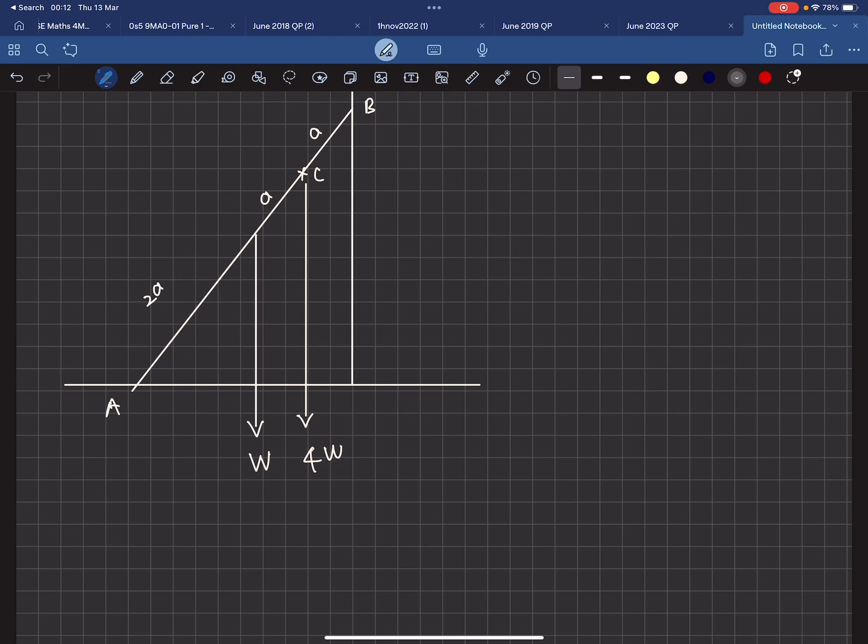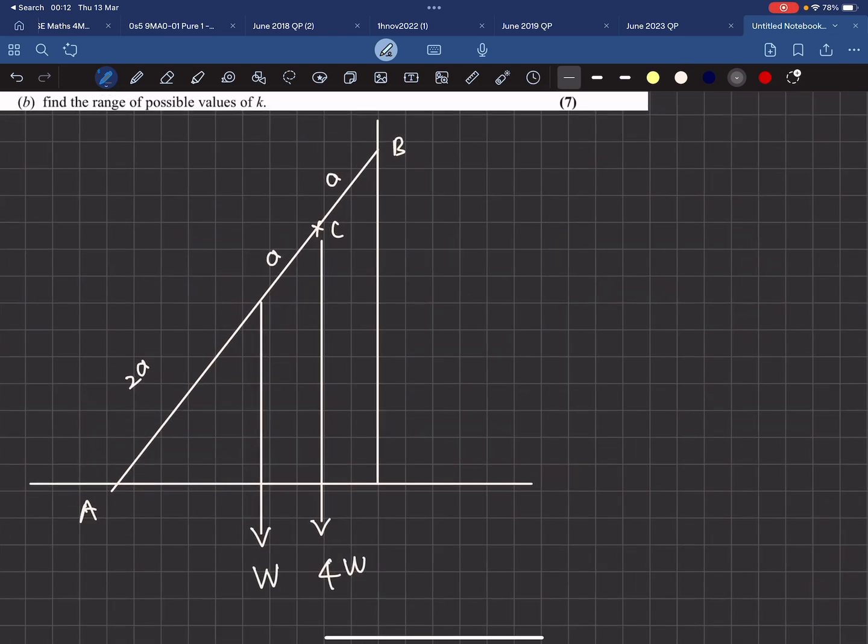Now, if the ladder is resting against B, can I mark the force which is called the reaction force given by the wall to the ladder. I'm going to mark that reaction as S, or we can put it as reaction at B. And I'm going to mark the reaction given by the floor to the ladder as RA.